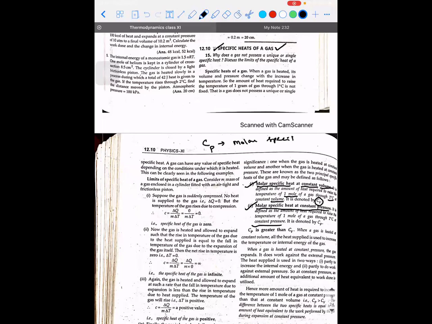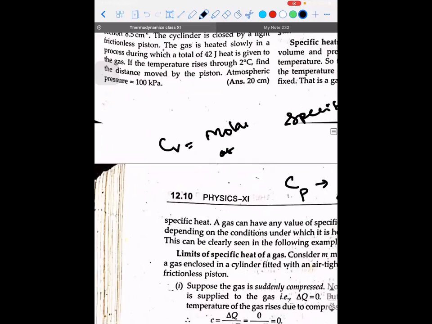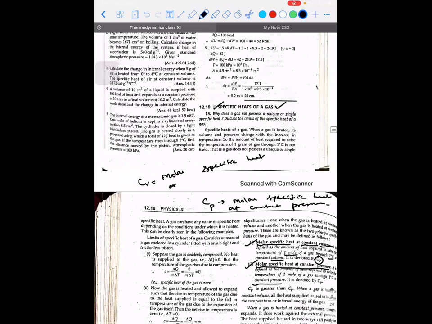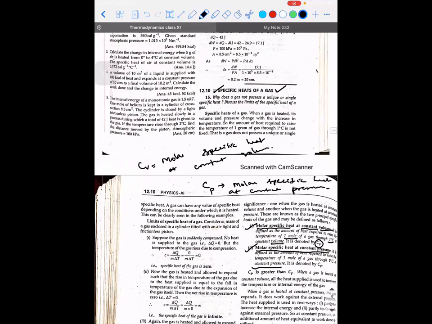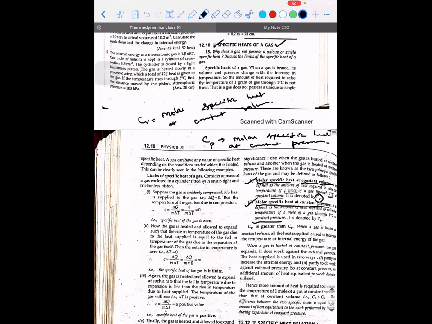CP is molar specific heat at constant pressure. CV is molar specific heat at constant volume. Please make a note of it.